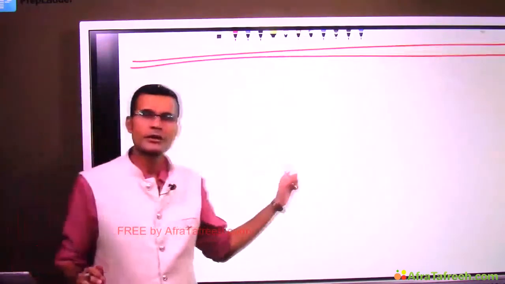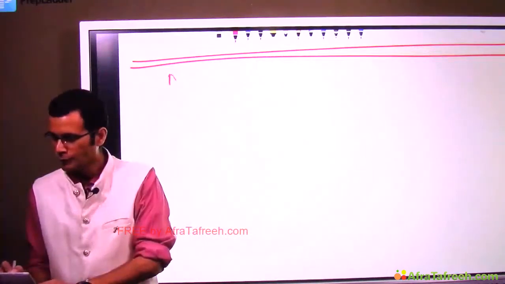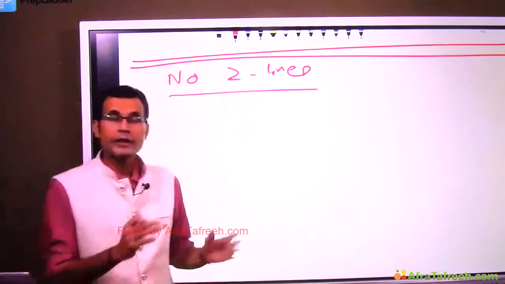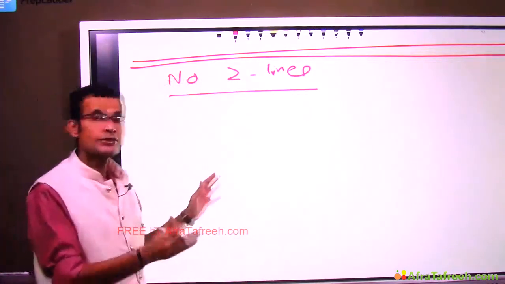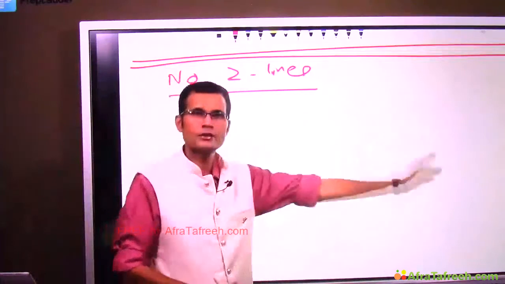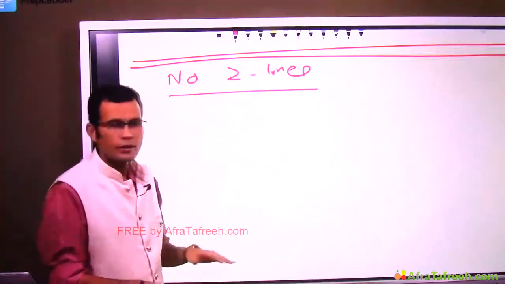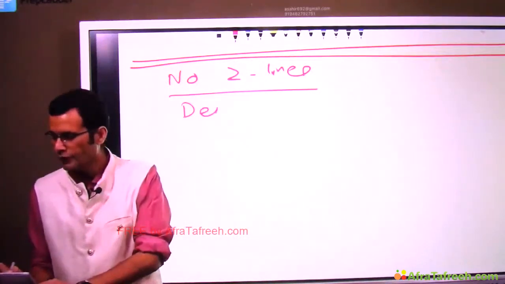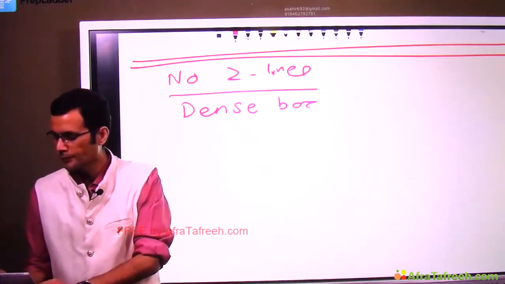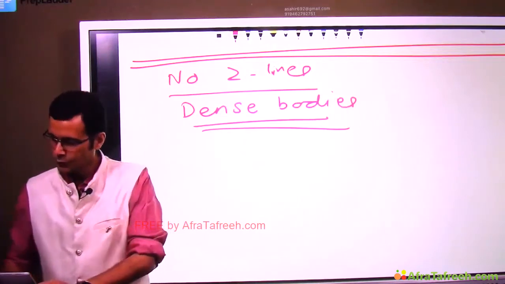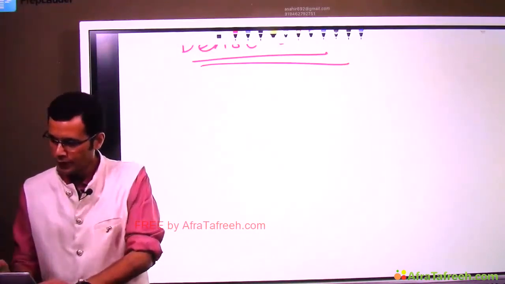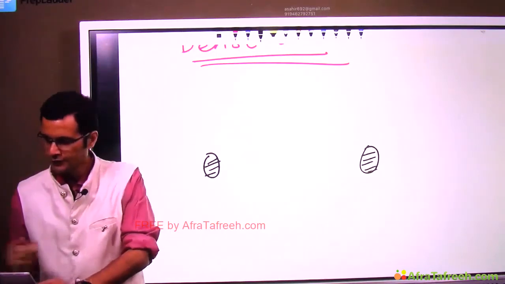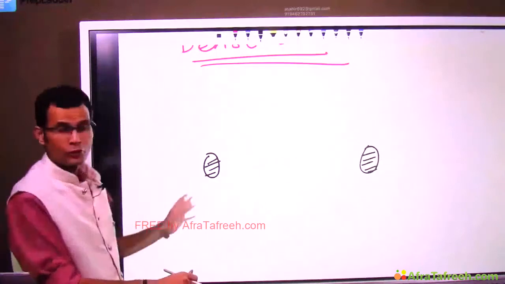How? Let's see this. First of all, in the smooth muscle, there are no Z lines. The Z discs or Z lines which are present in skeletal muscle at regular distances in the sarcomere, that's not the case in smooth muscle. They are replaced with dense bodies. So in the place of Z lines, there will be these dense bodies at regular distances in the place of those zigzag lines.